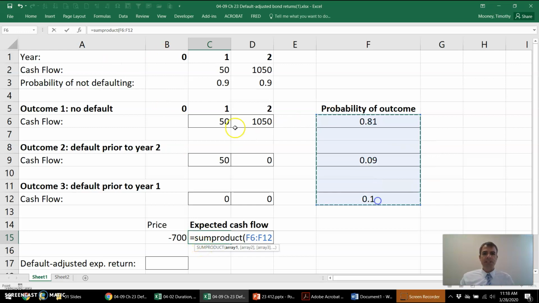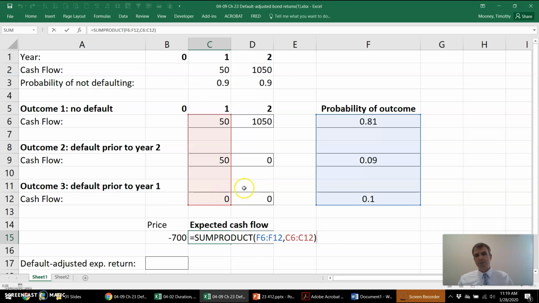So 81% chance of outcome 1, 9% chance of outcome 2 happening, 10% chance of outcome 3 happening. So if we take the sum product of probabilities and the cash flows in year 1 across the 3 outcomes, that'll give the expected value of the year 1 cash flow, right?